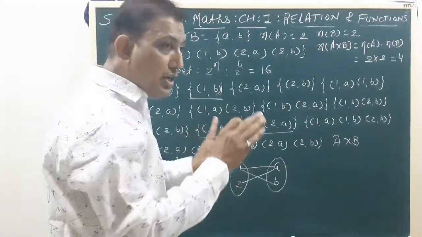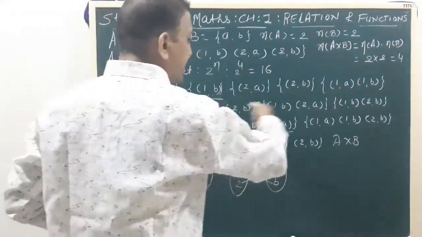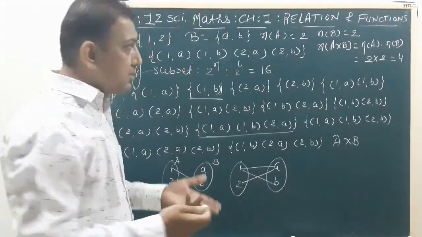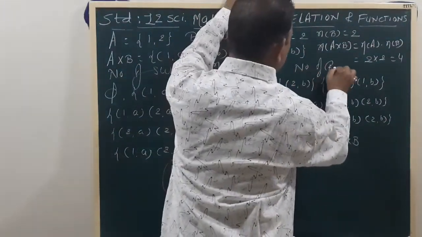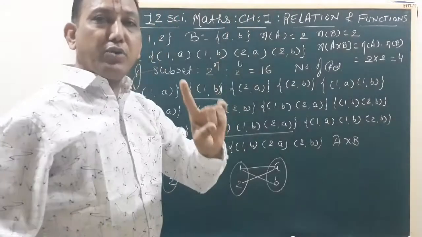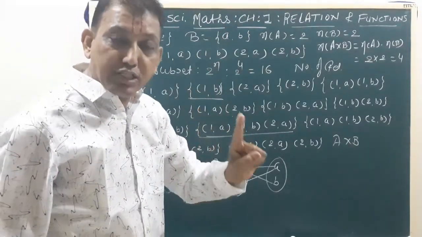So our first formula: total 16 relations possible. How is it possible?